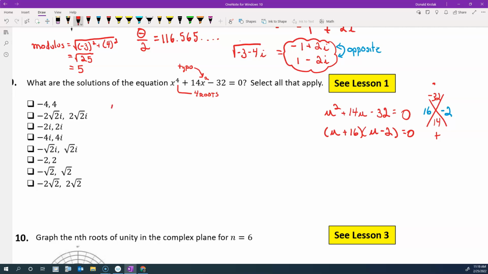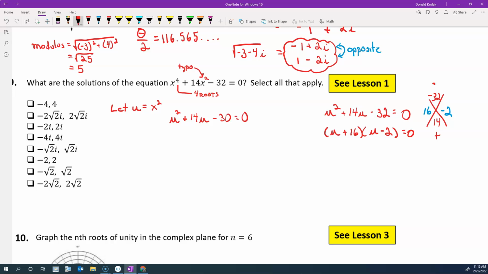This has got a power of 4, but if I let the letter u equal x squared, then I could rewrite this. u squared plus 14u minus 32 equals 0.